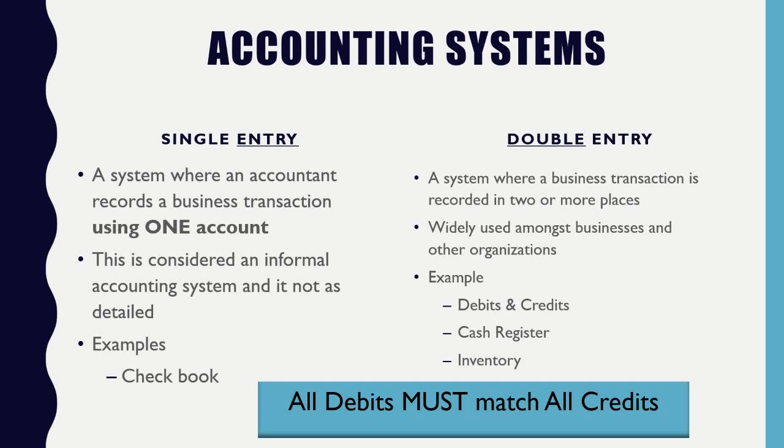And how did I do so? I paid for rent. So therefore, I'm tapping into 2 or more accounts, hence the word double entry. I have a debit in my rent expense account and I have a credit in my checking account. So I'm recording the transaction in 2 different accounts.